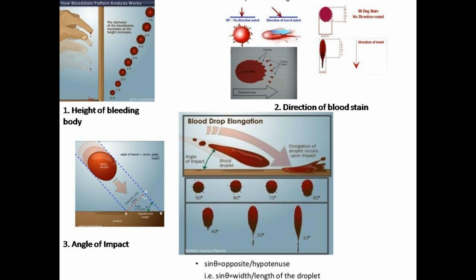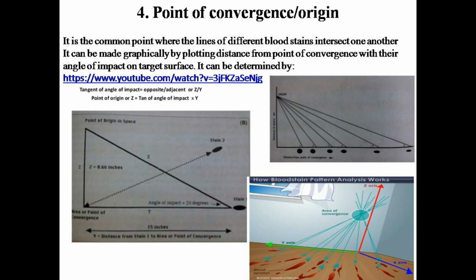So blood stain impact angle can be determined by using this formula: sin alpha is equal to width of drop upon length of drop. The last thing which can be determined from observing the blood stain is the point of convergence or the point of origin.